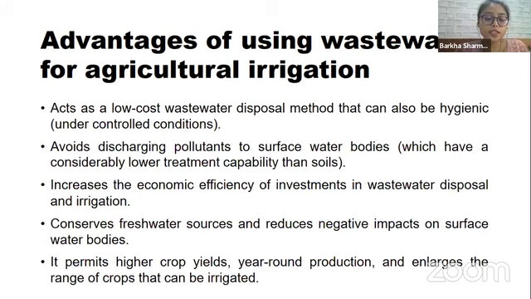Next advantage can be the prevention of pollution, which can decrease wastewater discharge, which prevents water resources from being polluted. This can preserve also groundwater, as agriculture wastewater reuse can recharge these water sources.